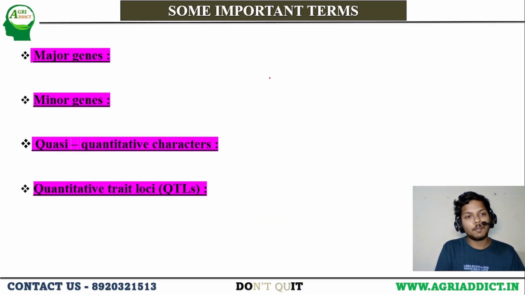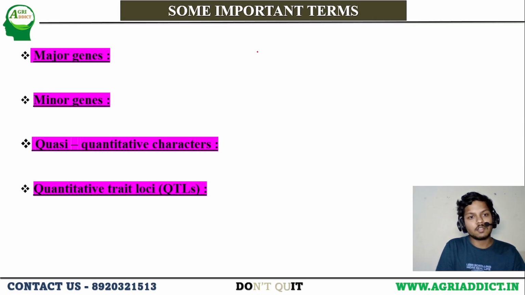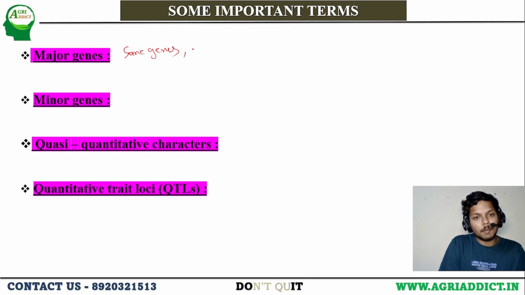And these are some of the important terms you have to learn. Major genes. Major genes means few genes with large effects. Some genes may be few in number, but they control the majority of the characters. Then we call them major genes.